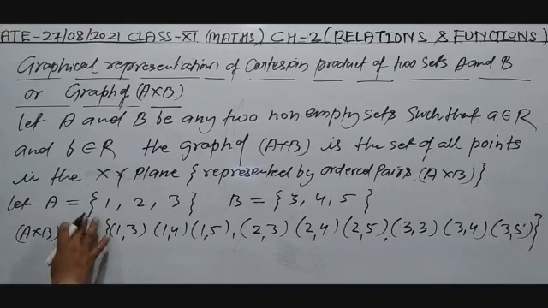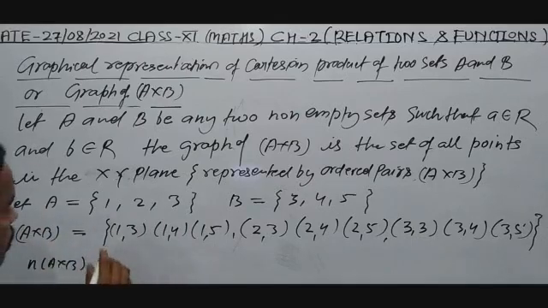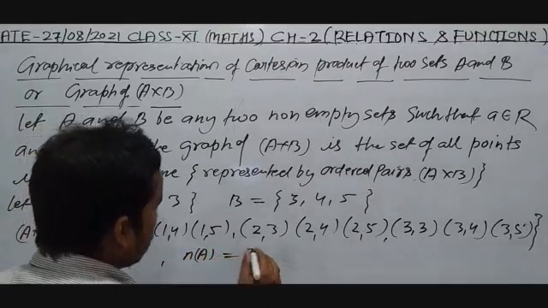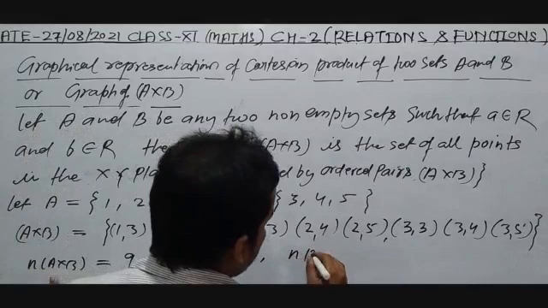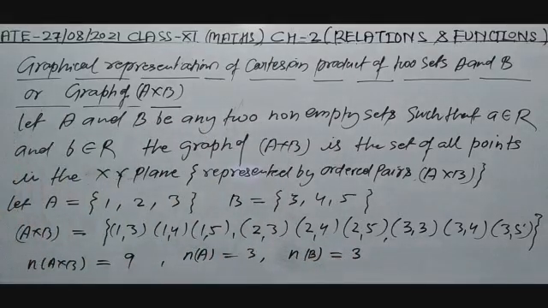So from these sets A and B, you will see the number of elements in A cross B, the number of ordered pairs or cardinal number, is 9: 1, 2, 3, 4, 5, 6, 7, 8, 9. And the number of elements in set A is 3, and in set B is also 3. So from these three terms, what can you say?